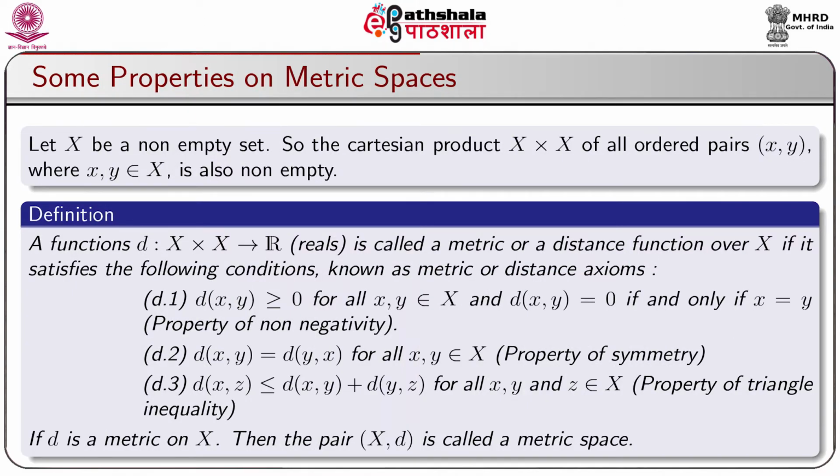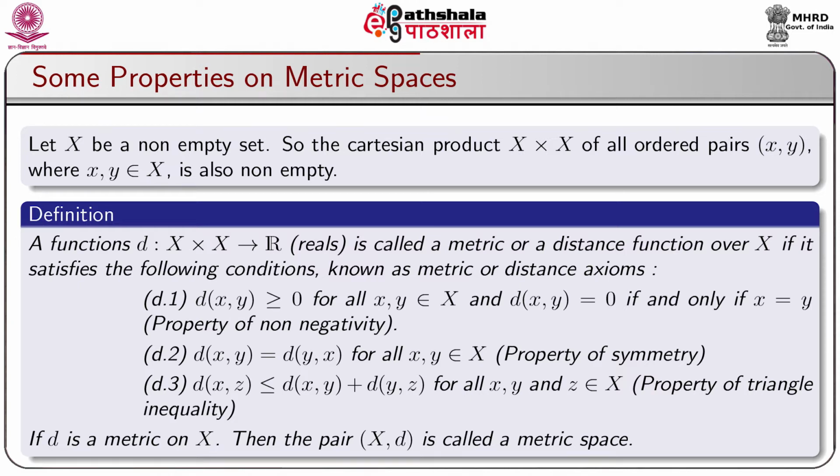Before starting on some properties of metric spaces, we would like to define what a metric space is. Let X be a non-empty set. Then the Cartesian product X cross X of all ordered pairs (x, y), where x, y belong to X, is also non-empty.